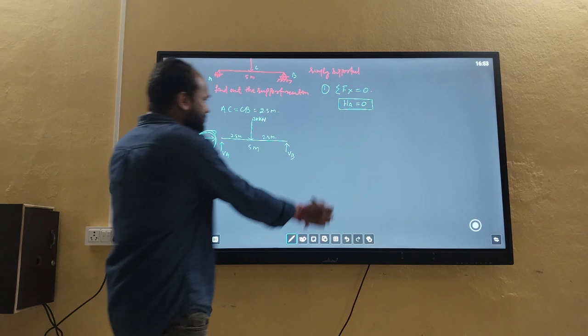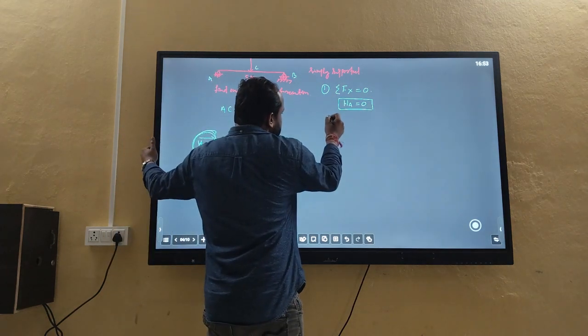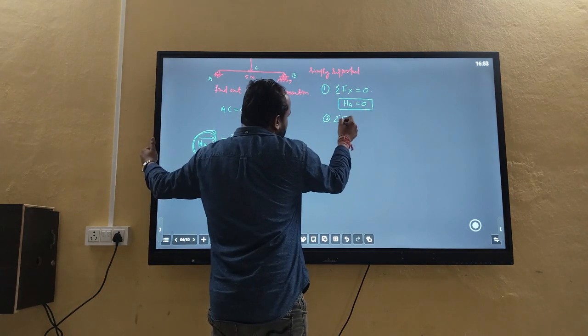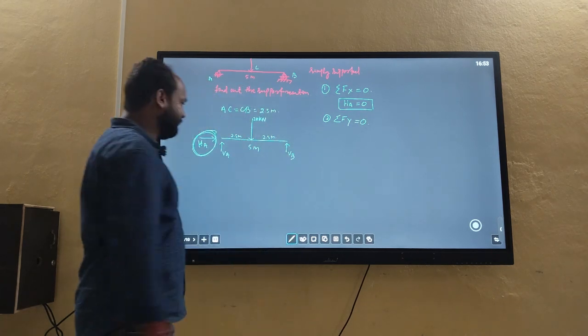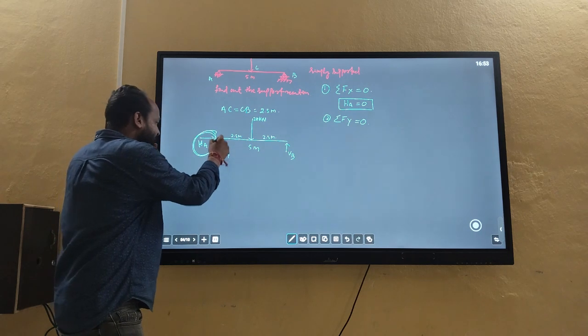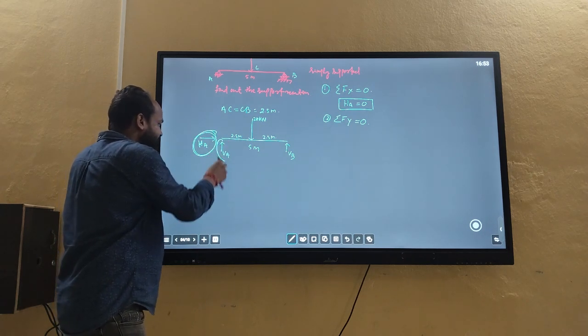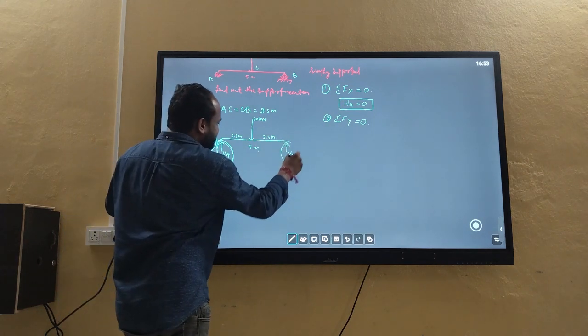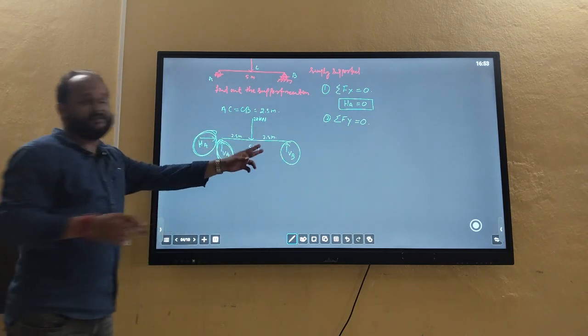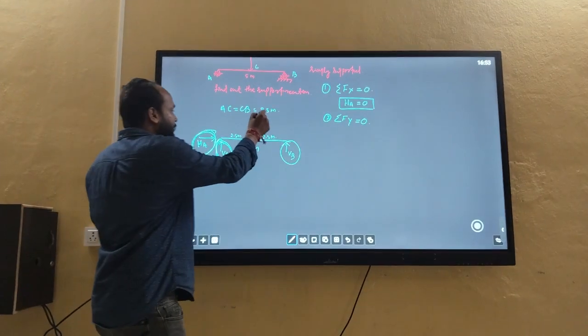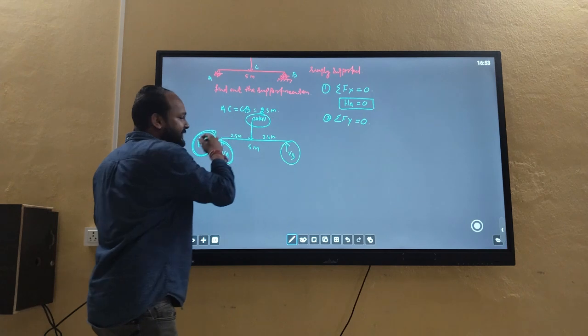Okay. Then the second one is summation of all the forces along y-axis is equal to 0. Here we can see VA and VB are vertical reactions, as well as the 20 kilonewton force which is acting downward.